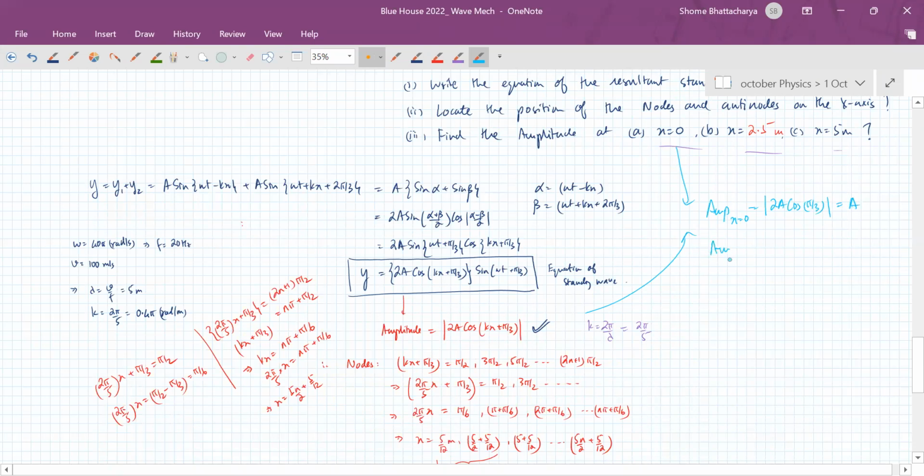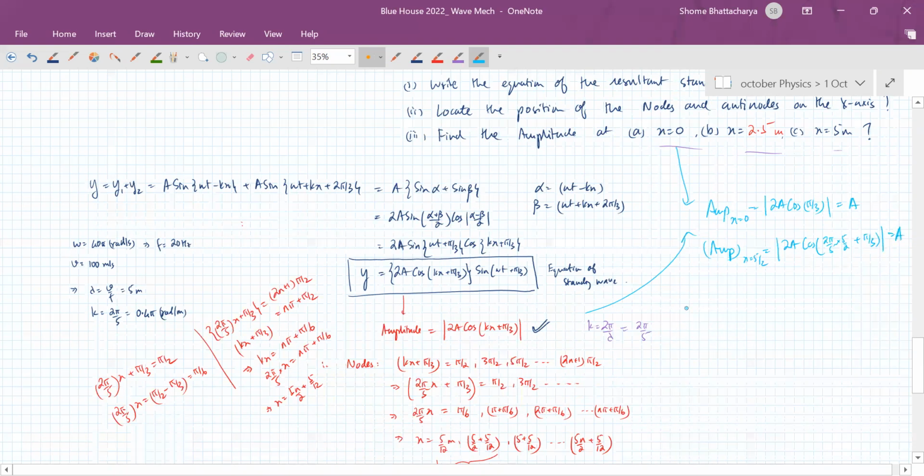Then at x equal to 5 by 2 or 2.5, this becomes mod of 2a cos kx. Now this term kx will become 2 pi by 5 into 5 by 2 plus pi by 3.